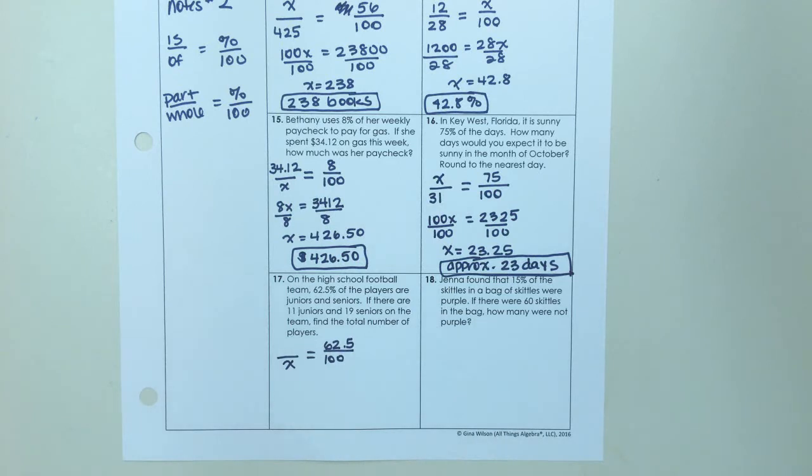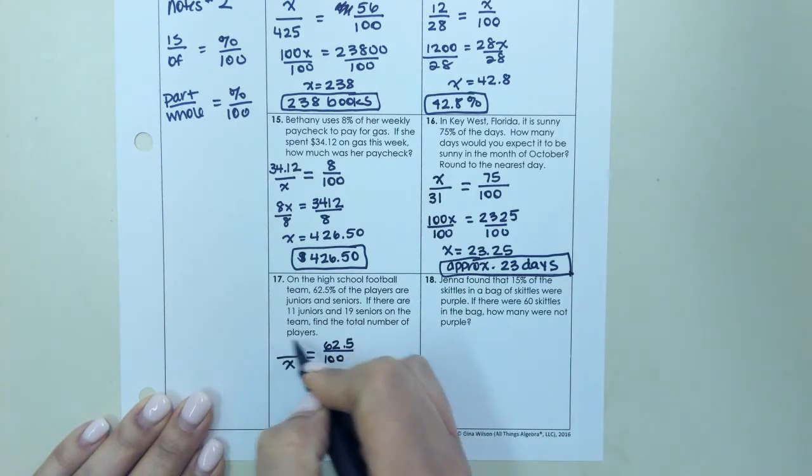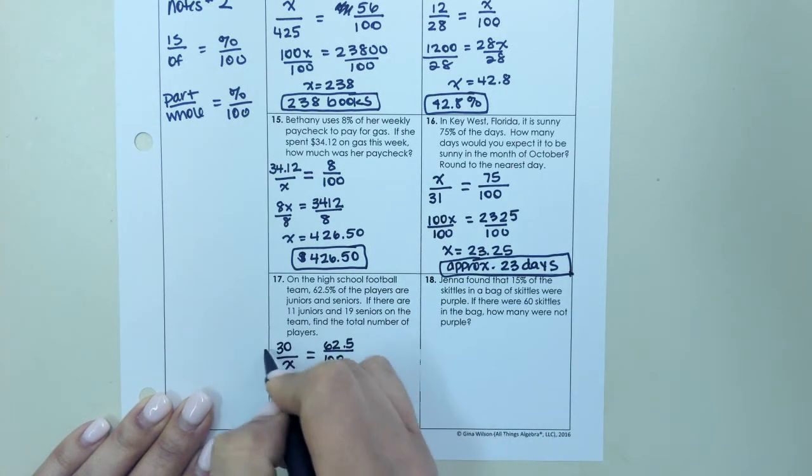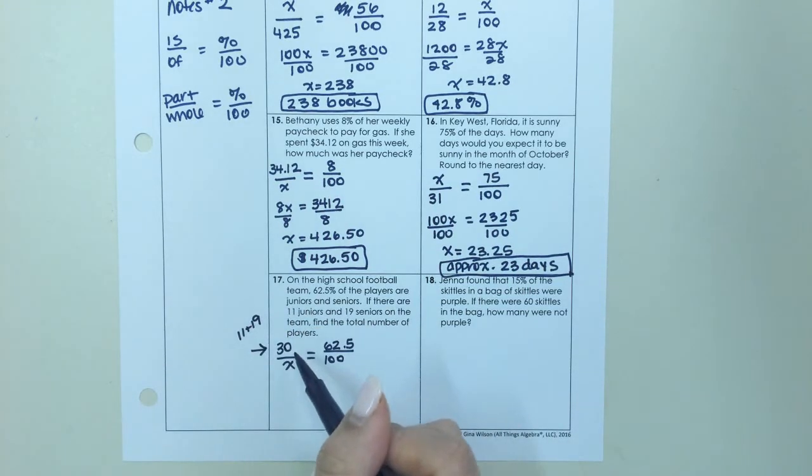I'm going to combine them because we need the total number of players. So the part of the team that's juniors and seniors is 11 plus 19, which is 30. Let's put a little note, 11 plus 19. So there's a total of 30 juniors and seniors out of the entire team, which is comprised of freshmen, sophomores, juniors, and seniors.